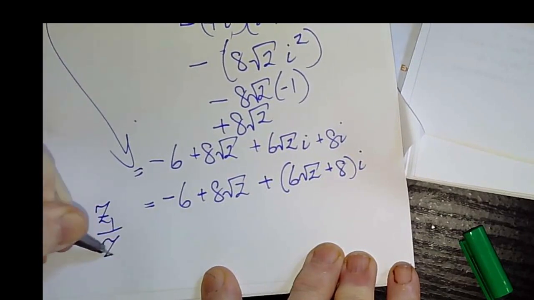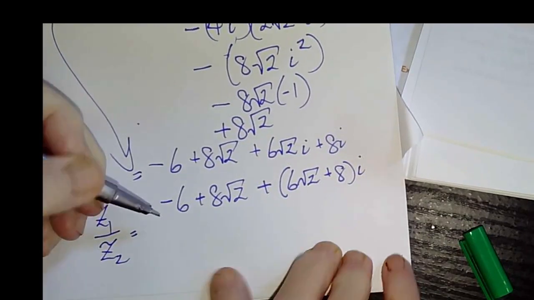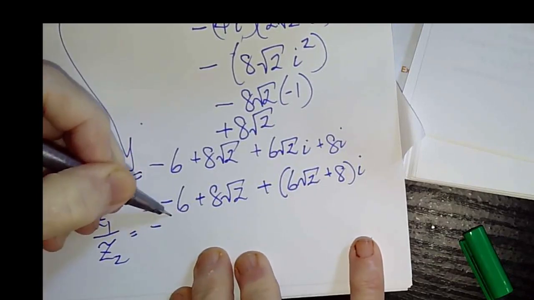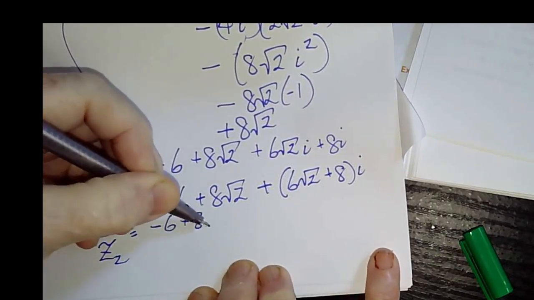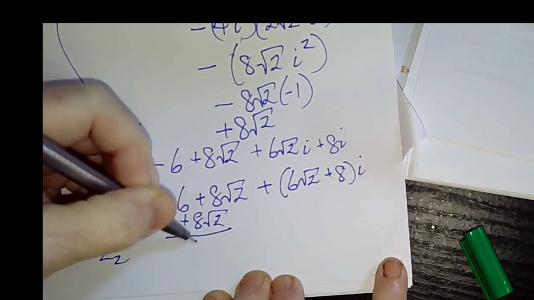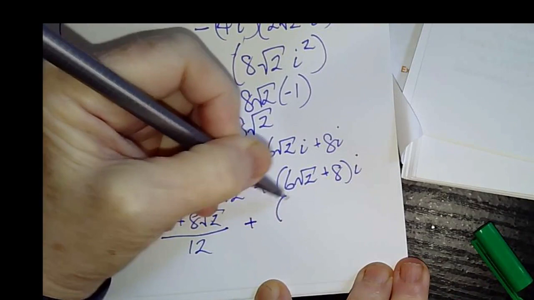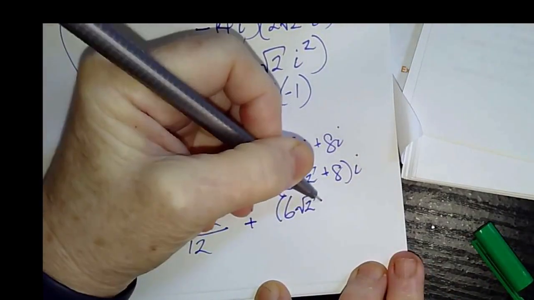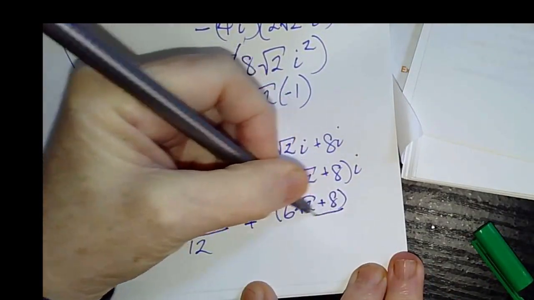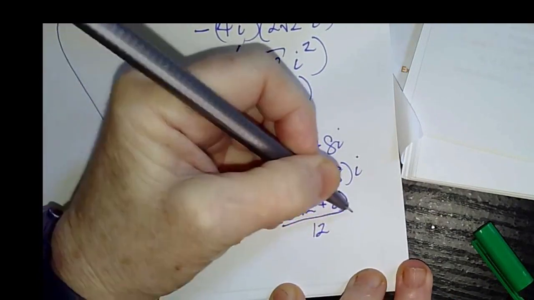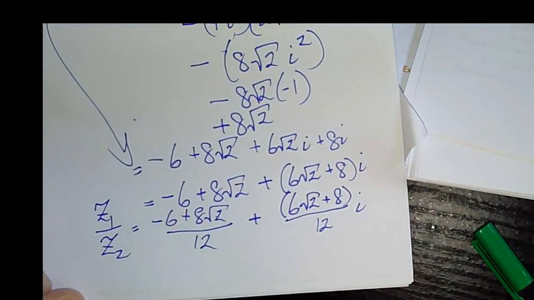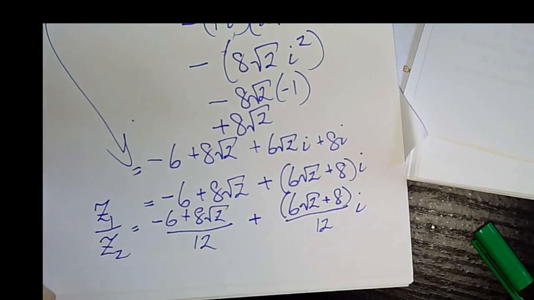And now our quotient, z1 divided by z2, is negative 6 plus 8 square root of 2 divided by 12 plus 6 square root of 2 plus 8 divided by 12i. And it looks like we can divide through by 2 everywhere because every single number is even.